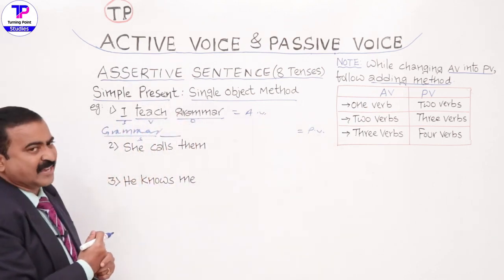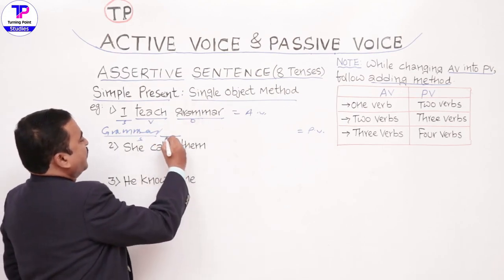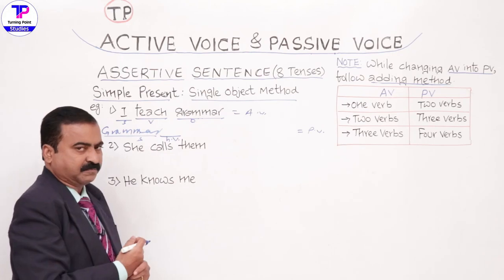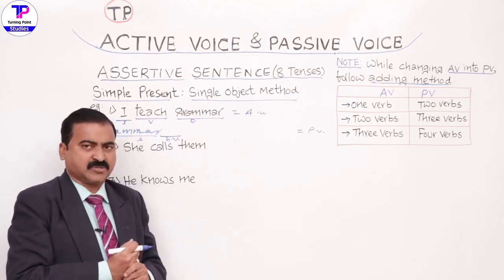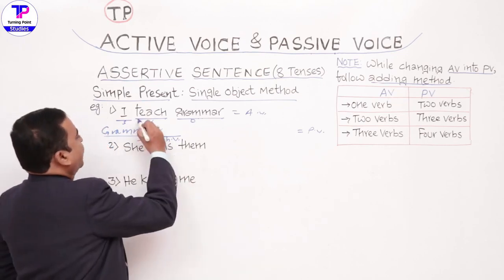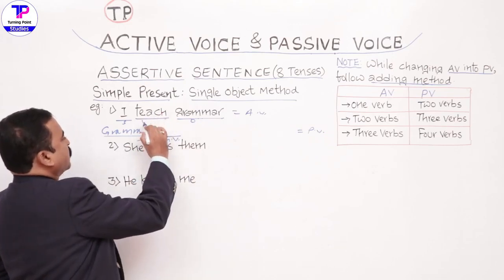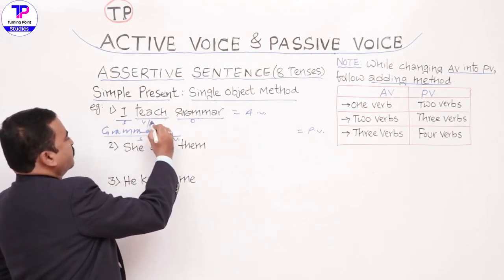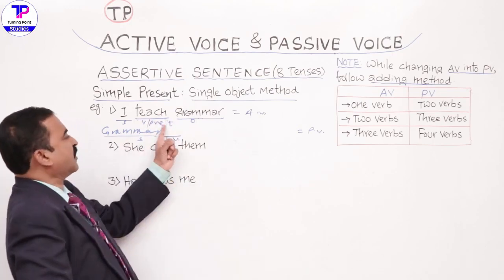To convert into passive voice, after bringing object into subject, immediately you have to write helping verb. You can't write as you like the helping verbs. If you want to write the helping verb, you have to see the verb in the question. Here the verb is teach. The verb teach comes under present tense.